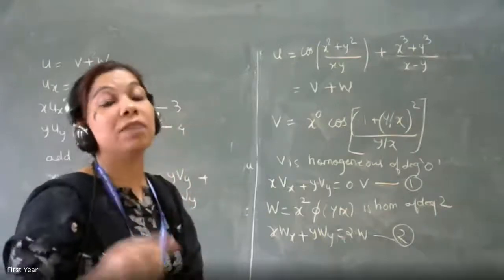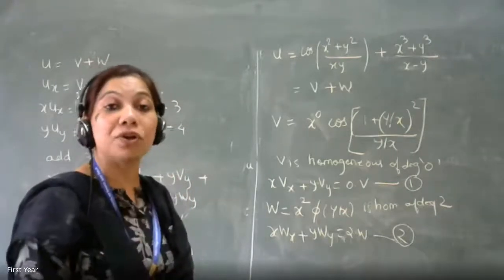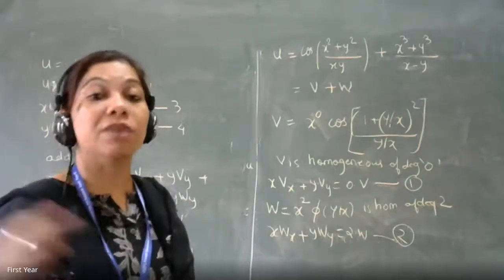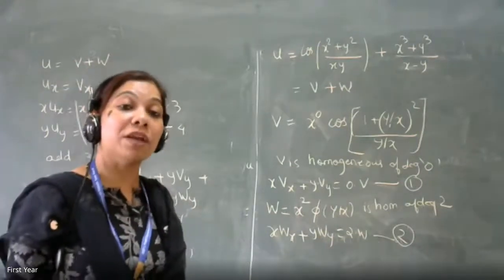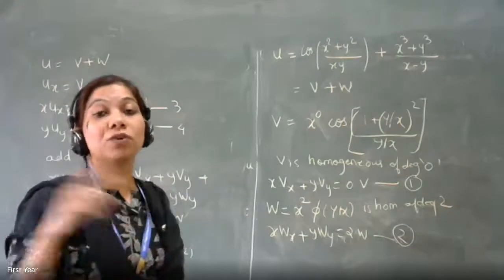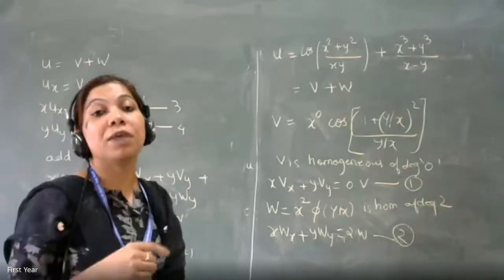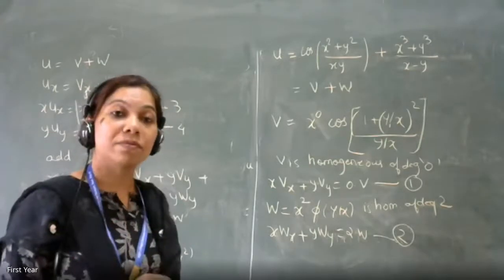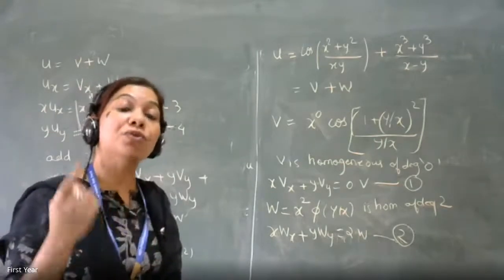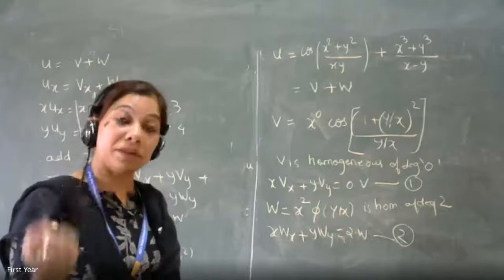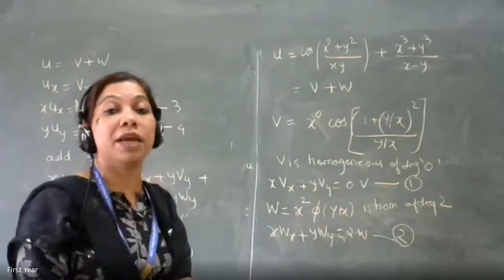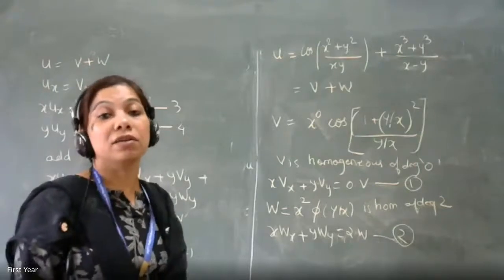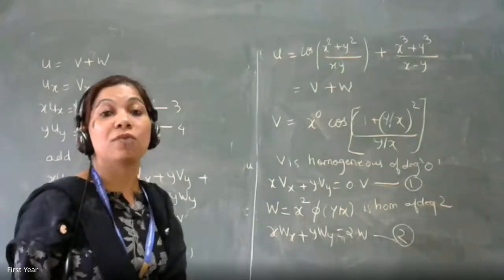That curve will have a tangent at a particular point, and that is your partial derivative of z with respect to x. The way we had it in 2 variables: y is equal to f of x was your curve, and dy by dx was nothing but the slope of the tangent to the curve. Here the surface is intersected by the plane, the corresponding tangent line is obtained, and you get the slope of that tangent line.